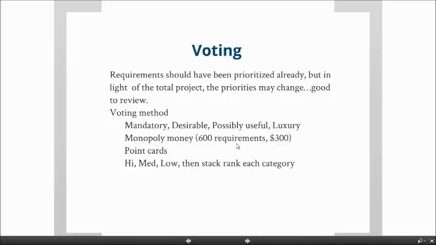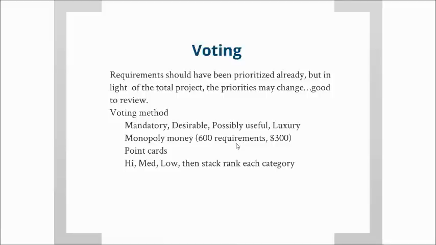So I've seen where we've taken a spreadsheet and put all the requirements on it. You gave each stakeholder in the room, in a workshop environment, X number of dollars to spend on these requirements. You go ahead and put your money on what's most important to you, and you collect all these together.